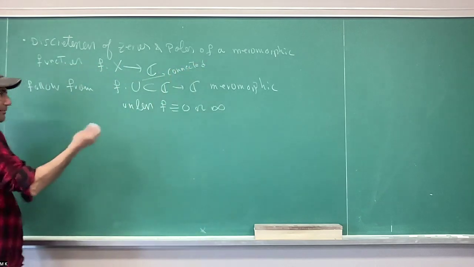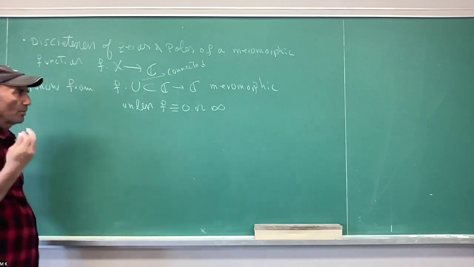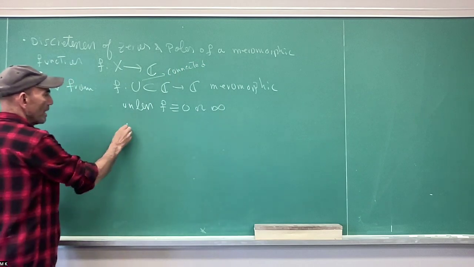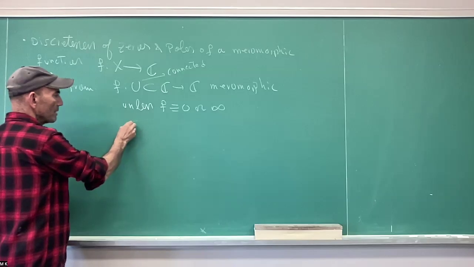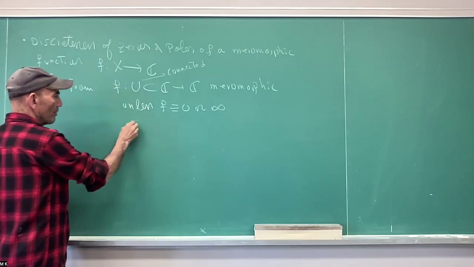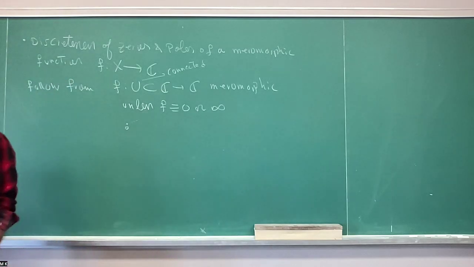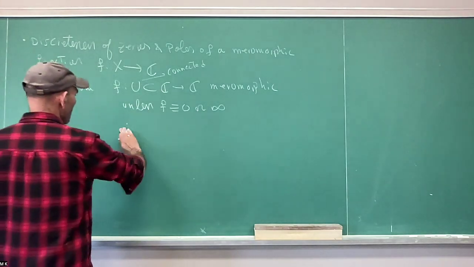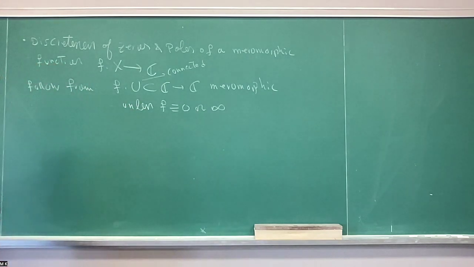The reason is that, for example, in the case of zeros, if you have a sequence of zeros converging to a point, then the function has to be zero everywhere. This is something that you learn in complex analysis. The same thing goes for poles, so certainly these things are discrete.